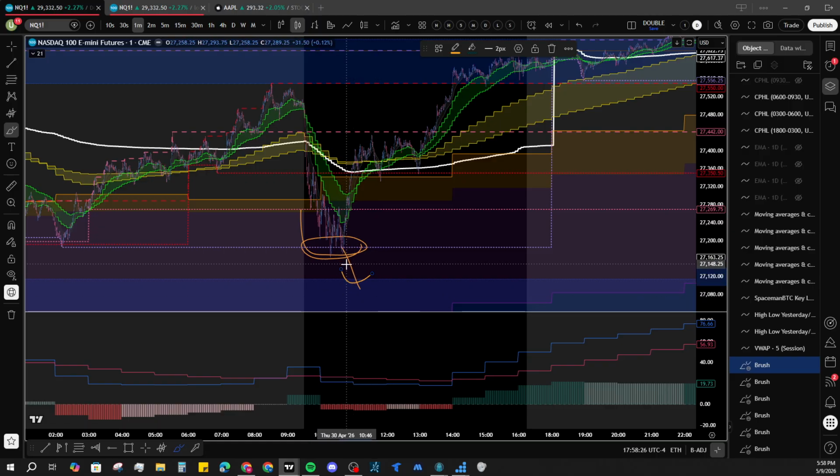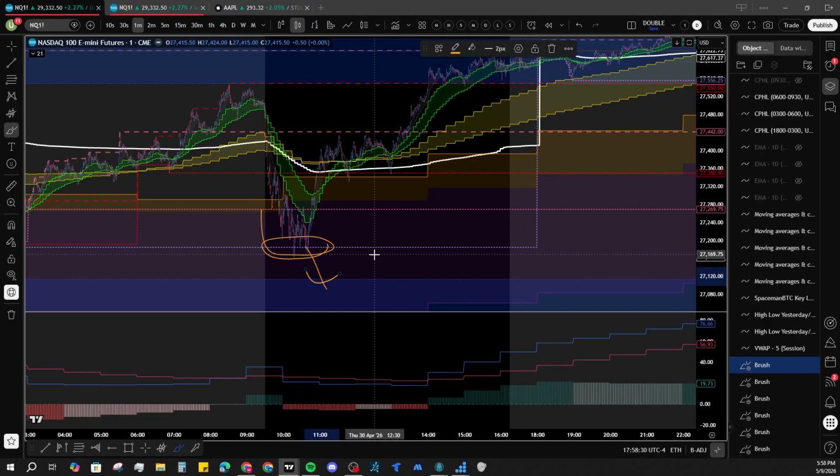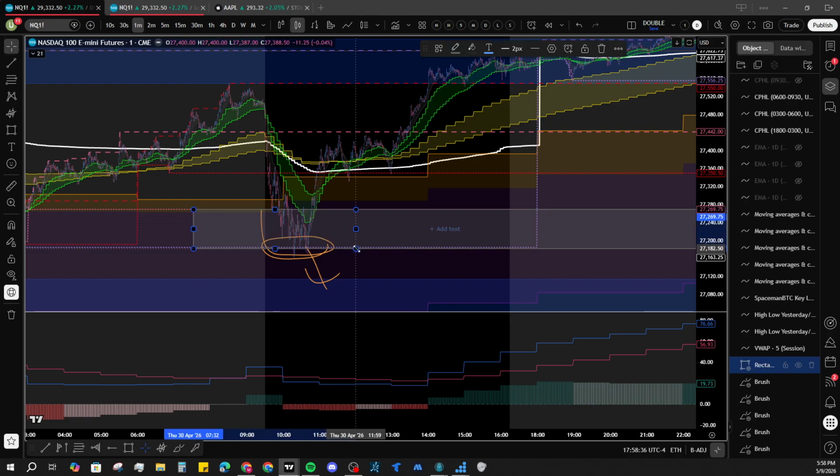If this keeps going down, then we have a different conversation. But the thing is, it held. And you're looking at this as support and resistance from Asia's low and London's low. Now we draw the support, it held, and now we play.